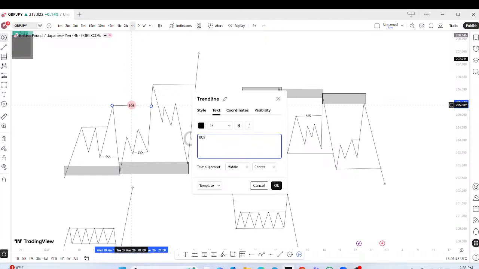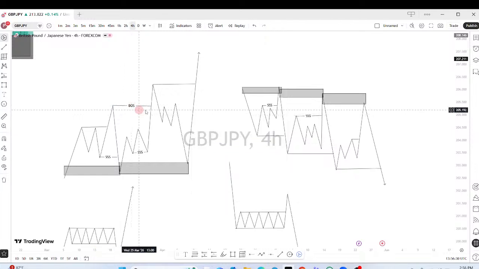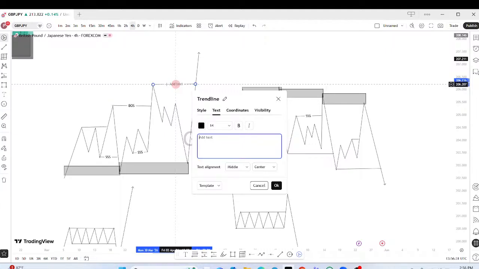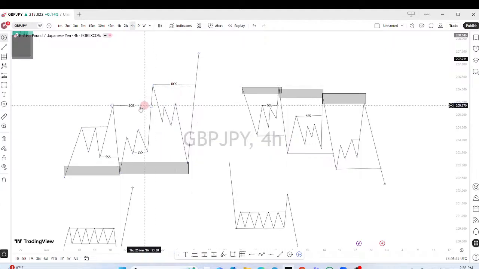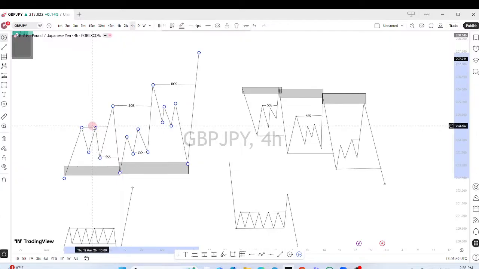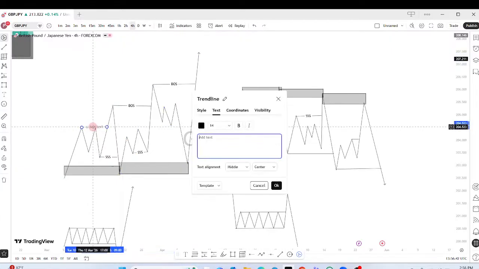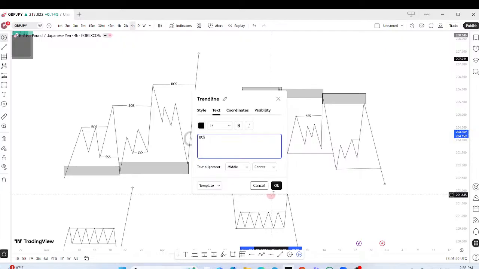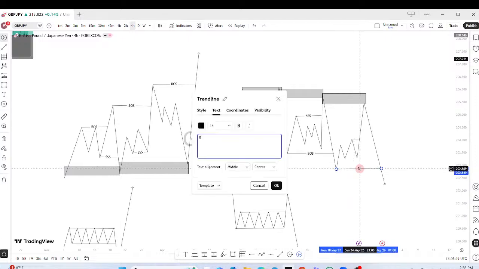BOS, break of structure in short form. Break of structure again. Break of structure.